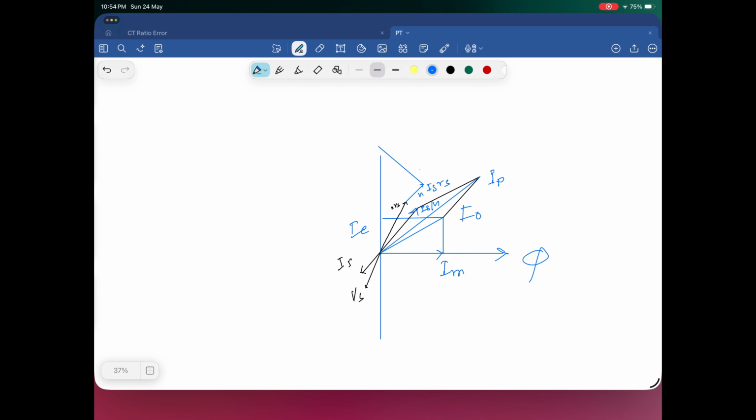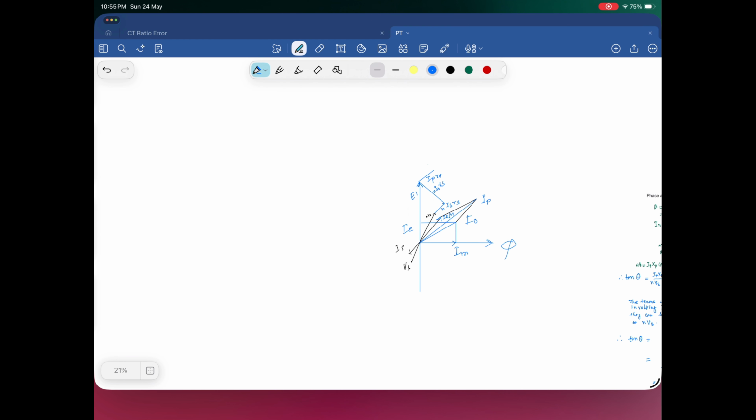The angle between Vs and Is is delta, and I0 is the no load current. When you take the current in the primary side, that time it will be Is by N. The phasor sum of Is by N and I0 is IP, the primary current.